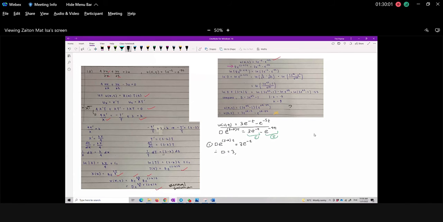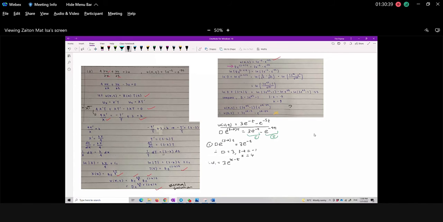And 3 minus k equals minus 1, so k will equal 4, right? So therefore, u1 here, d is 3, so 3 e to the power of kx over 4, k is 4, so x, and then minus t. k is 4, so 3 minus 4 is minus 1, so minus t.